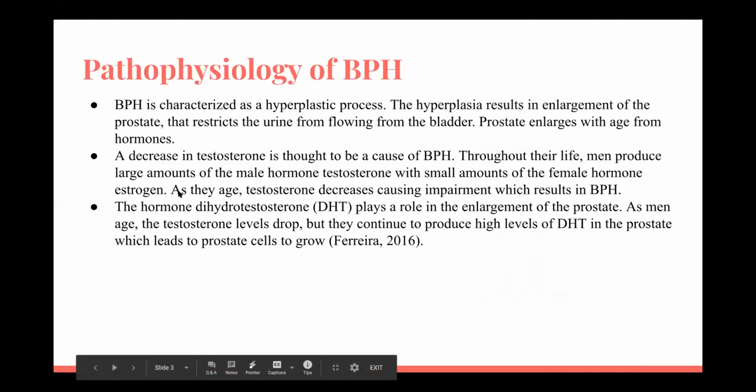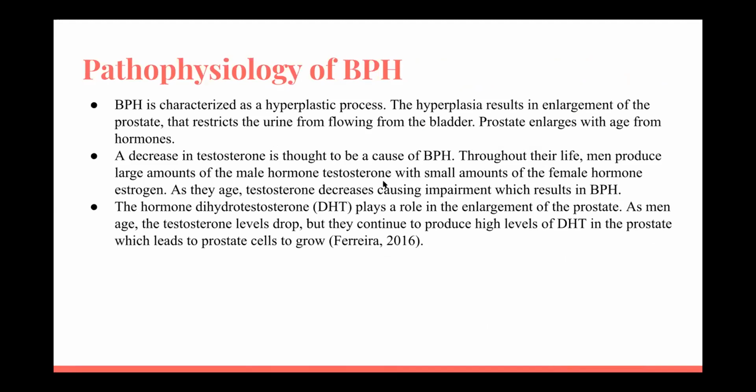Okay, so the pathophysiology: it results in the enlargement of the prostate that restricts the urine from flowing from the bladder. It enlarges due to hormones, so a decrease in testosterone is thought to be the cause of BPH. Throughout their life, men produce large amounts of testosterone with small amounts of estrogen.